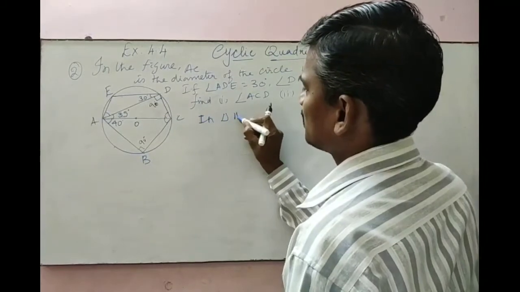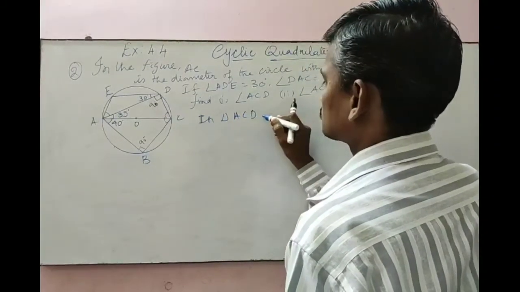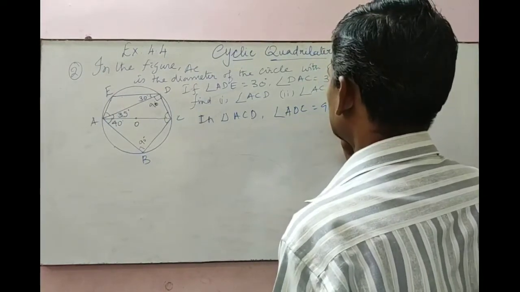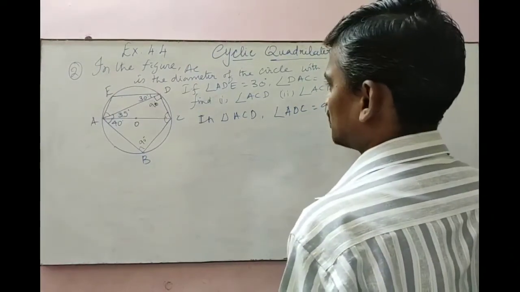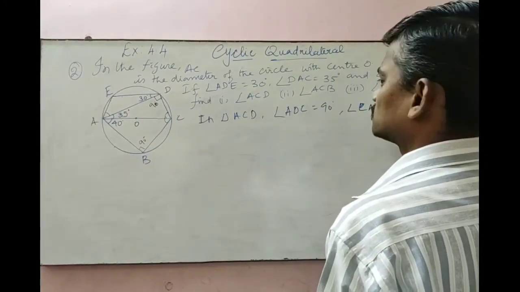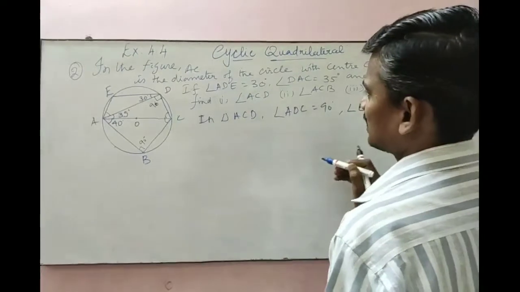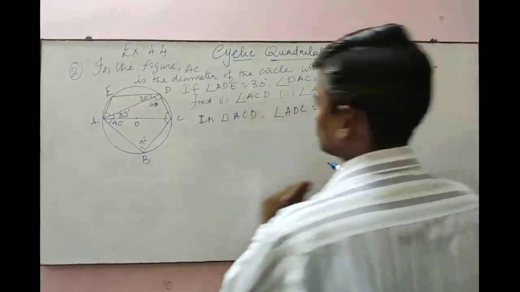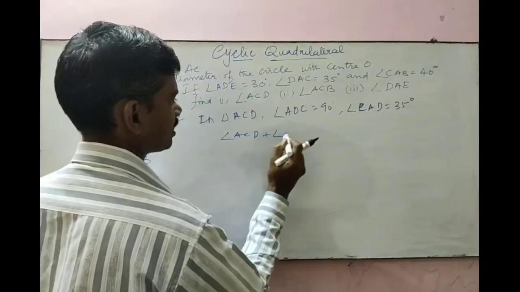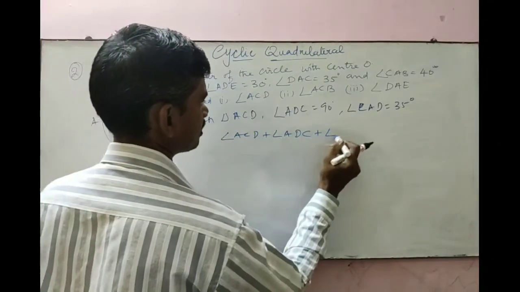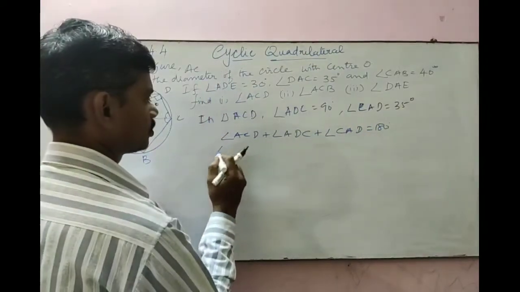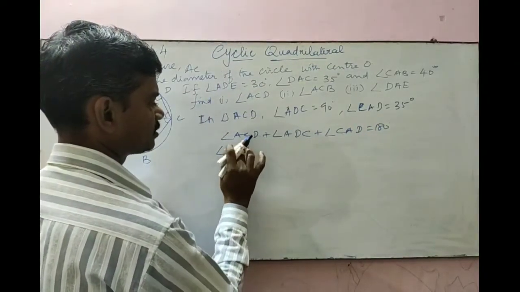In triangle ACD, angle ADC equal to 90 degrees, and angle CAD equal to 35, which is given. Then I am going to find out ACD. So angle ACD plus angle ADC plus angle CAD equal to 180 degrees. We don't know the value of angle ACD.